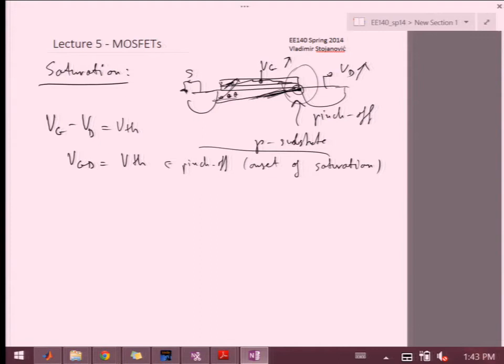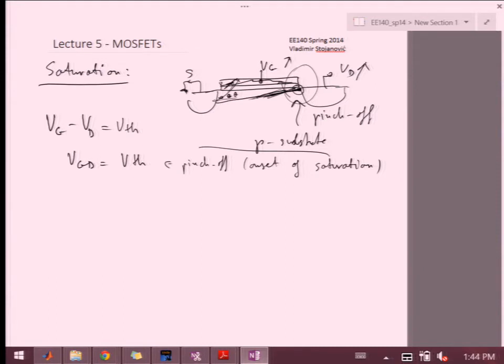If you remember bipolars, in forward active region, the collector didn't really have much influence on the current of the collector, right? And so this is kind of similar now. After the onset of saturation, my drain is not going to have as much influence on the drain current as it had in the linear region.